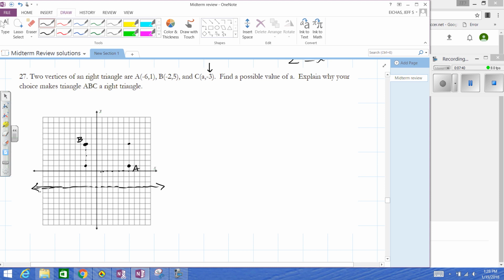On the graph, if you want a right triangle, and you know your sides are possibly tilted, which AB is, by the way, right? What we're gonna have to do is make slopes negative reciprocals. That's how we're gonna get our right angle.